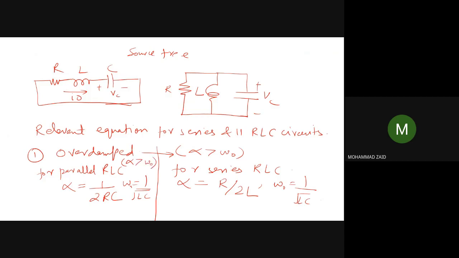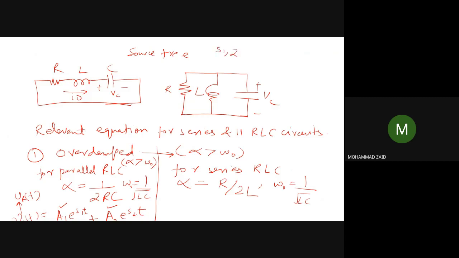And the response we have seen, it is in the form of response. For example, if we are writing for parallel RLC, then we can write down that Vc(t), or the current through the resistance, or whatever response you find, will have a form like this: A1 e to the power s1t plus A2 e to the power s2t. Okay, so this can be voltage or any other quantity which is varying. For example, it can be Vc(t) or VR(t) or iR(t). Only these coefficients will change, and we know that s1 and s2 are complex frequencies.